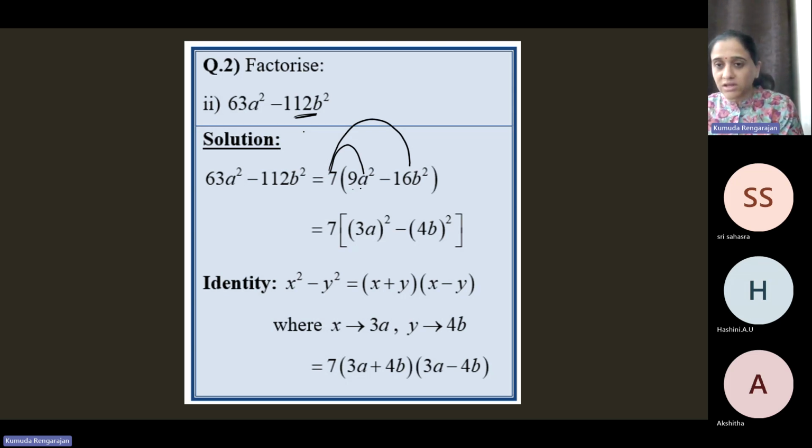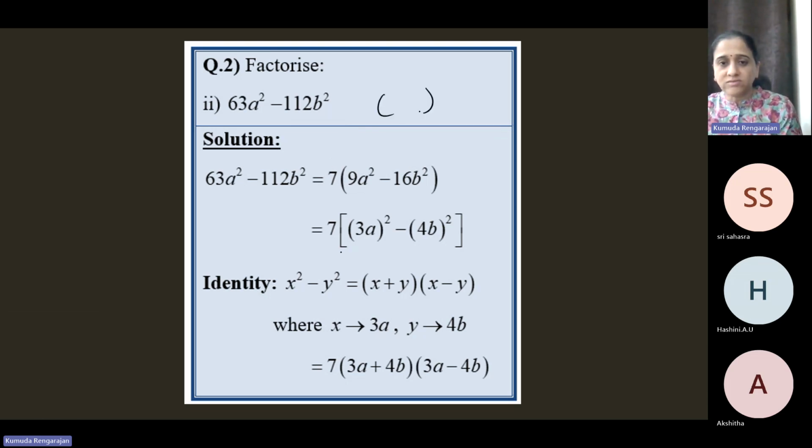Now, see, this is not a square. The common mistake is to say, okay, 9a squared minus 16b squared, so 9a plus 16b into 9a minus 16b. This is wrong because in 9a squared, 9a is not a. You must write it as a perfect square, which means something the whole squared.